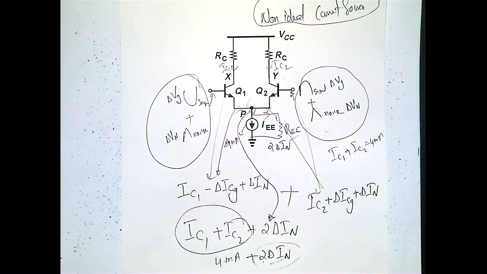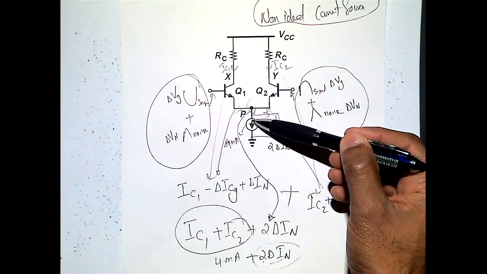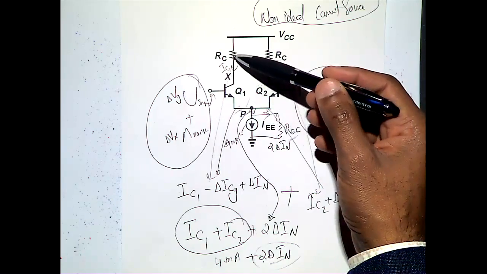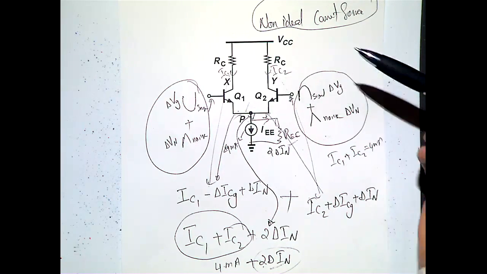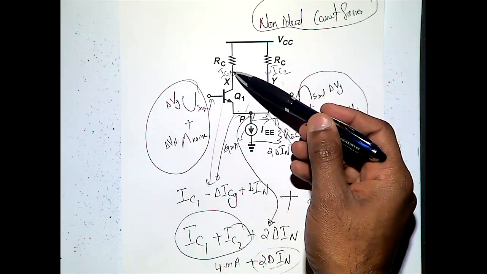Then what you are trying to do is you increase your total emitter current. So when you are increasing your total emitter current, what will happen to your collector current? Collector current also will increase. So then here 2 times delta IN means here already that current is increased. And then this collector current will increase, this collector current will increase. Means your noise is coupling a little bit here.